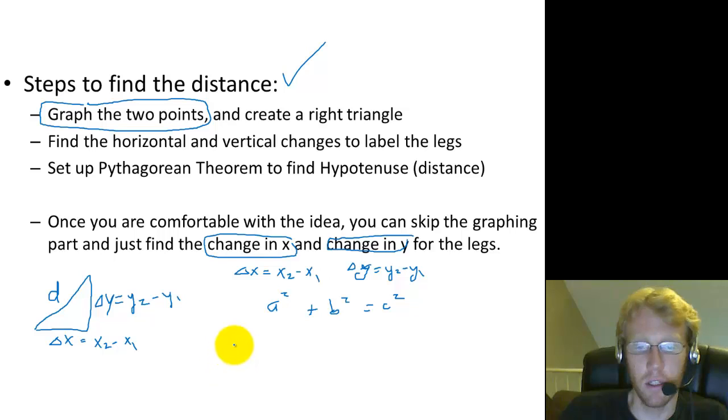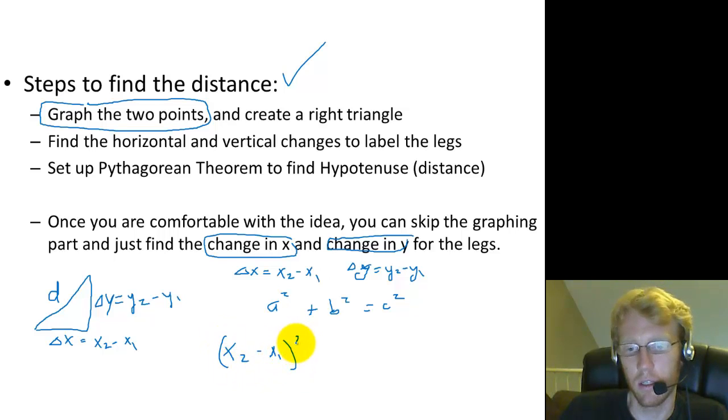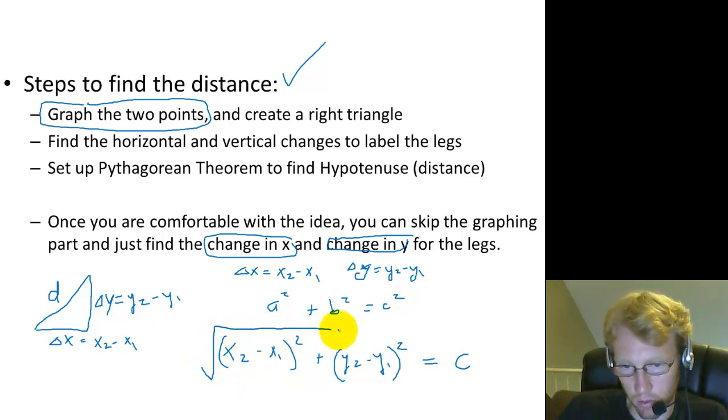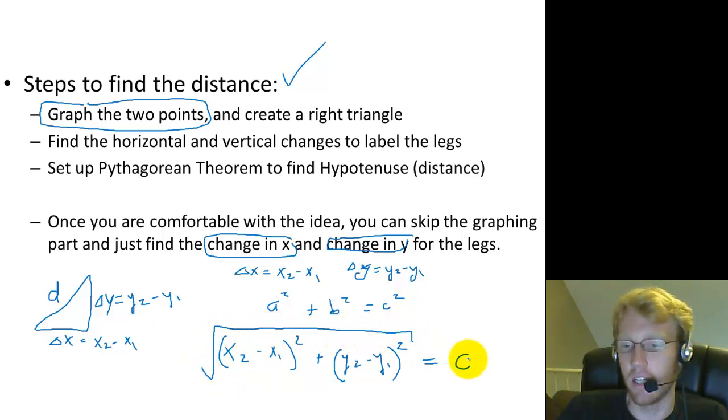So for our a value, we can write (x2 minus x1) squared, plus the b value, (y2 minus y1) squared, equals c squared. Now, instead of writing squared here, I'm going to take the square root of both sides, so that squared cancels out, and I can put a square root right here, and instead of calling it c, I can call it d for the distance.